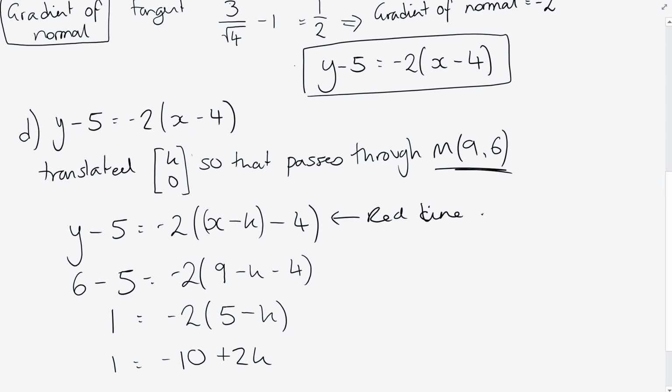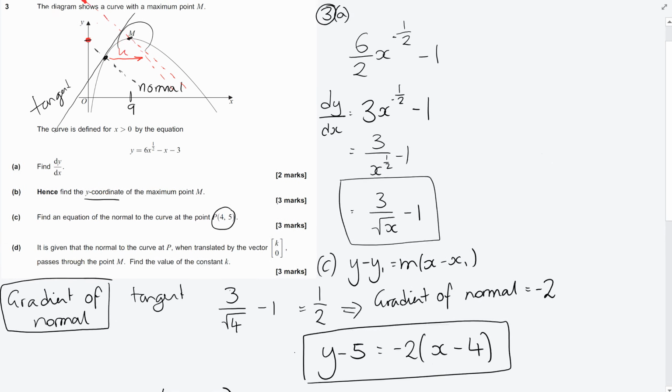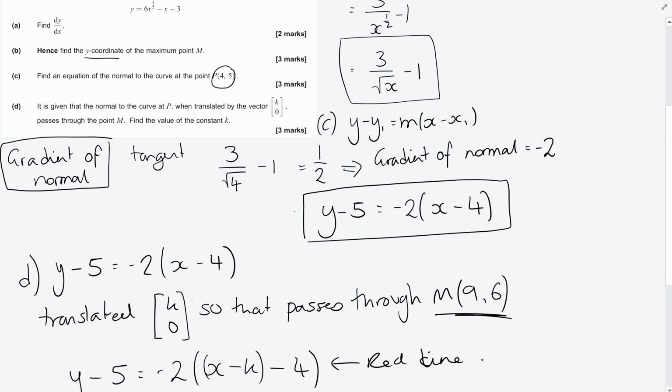Just to recap, this is not a standard sort of question. We've decided that we're moving our line just in the x direction, so we change the equation that we found to move it k units in the x direction.